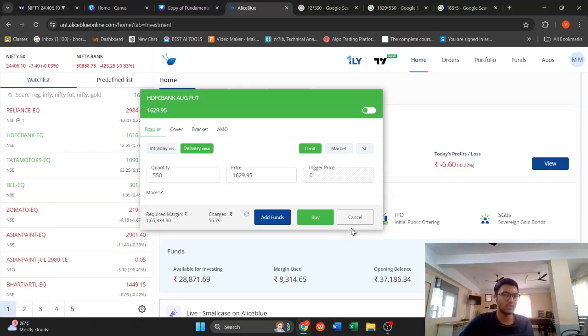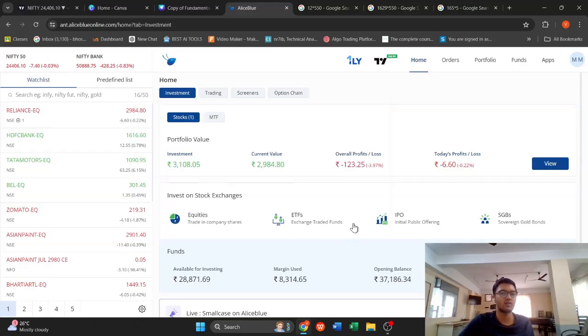I hope I was very clear about the concepts. There are a lot of futures and options stocks, and you can just go ahead and buy, sell all those things. You need to understand this concept in order to understand how the big management firms are able to hedge their positions with the help of futures trading.